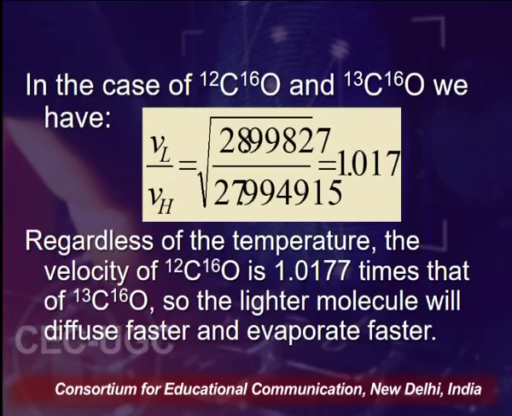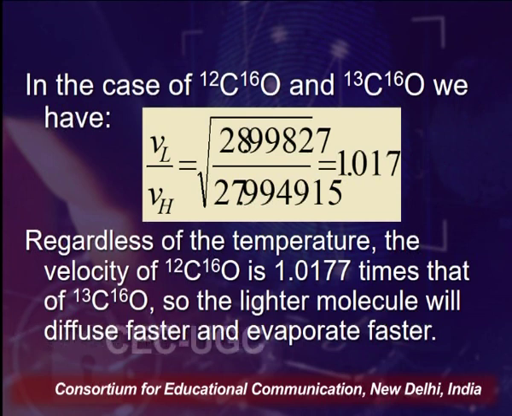Now, regardless of the temperature, the velocity of 12C16O2 is 1.0117 times that of 13C16O2, because 12C is a lighter molecule and 13C is a comparatively heavier molecule. So, the velocity of the 12C16O molecule will be higher compared to the molecule 13C16O.